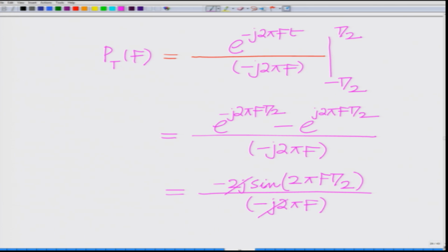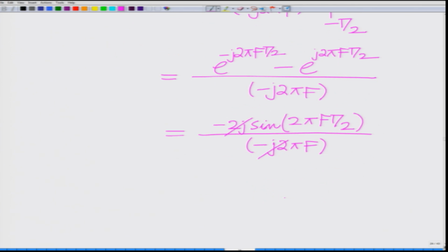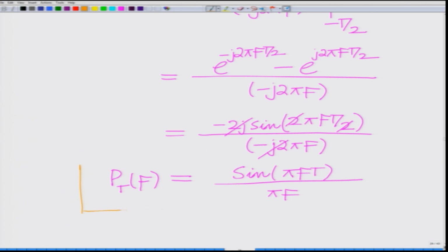The minus 2j and minus 2j cancel, and of course the 2 here goes. So, what we have is sin pi f t divided by pi f. Okay.